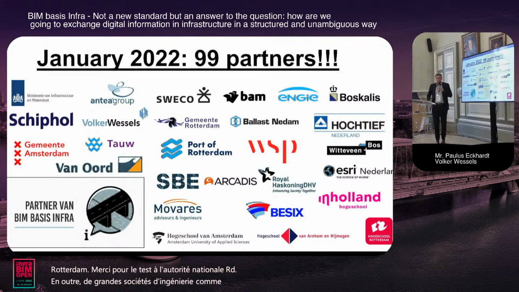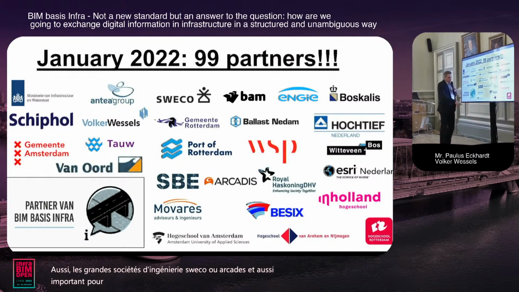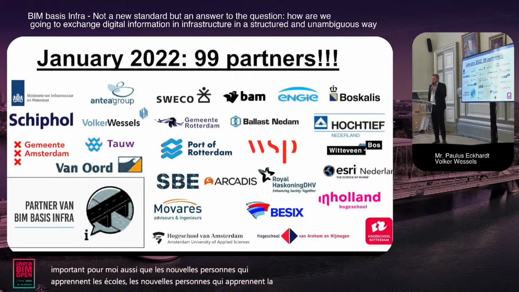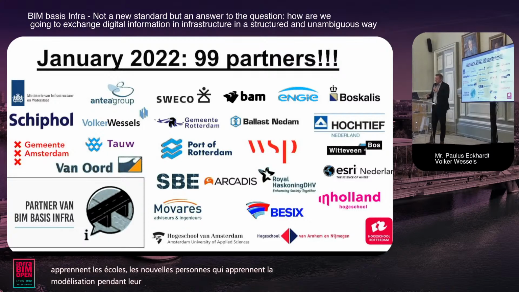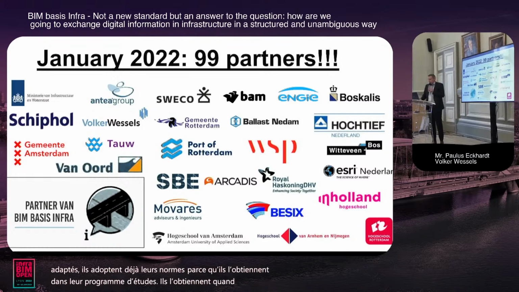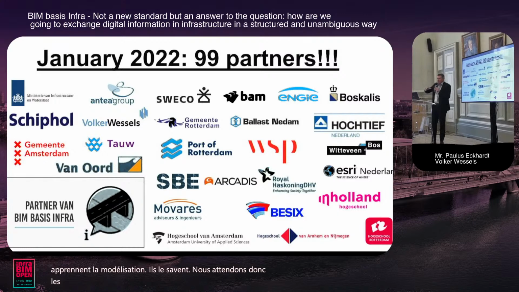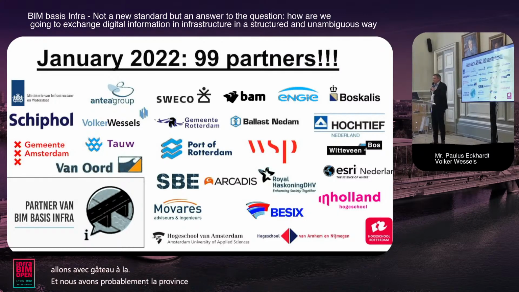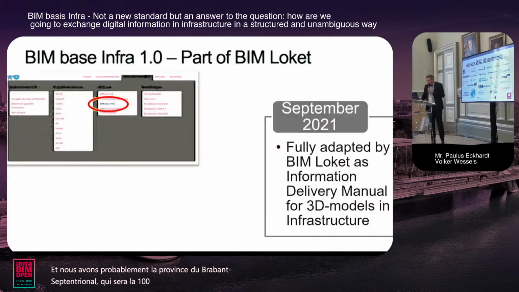And also important for me is that the new people who learn modeling during their civil engineering study are already adopting this standard, because they get it in their curriculum, they get it when they learn modeling, they know it. So we are waiting for the 100th partner, then we make a little celebration, we go with cake to, probably, the province of North Brabant, who will be the 100th, and then we celebrate it.